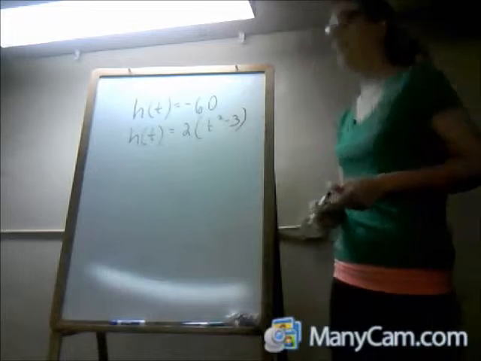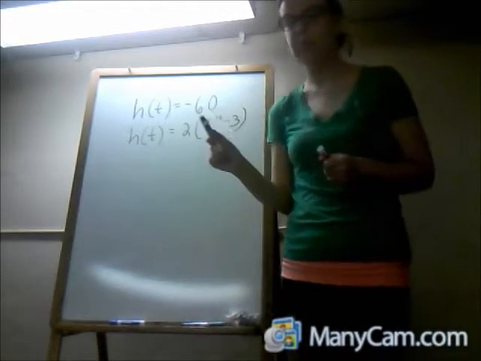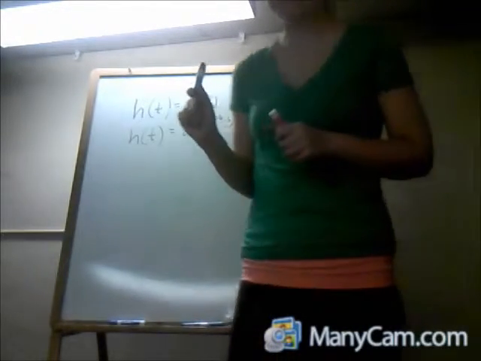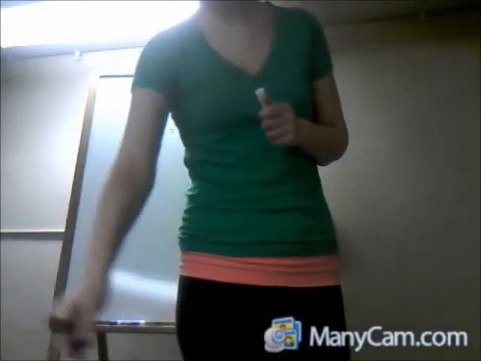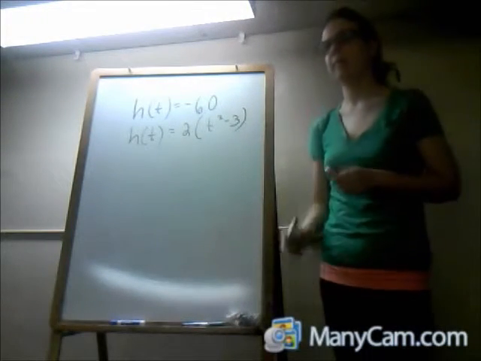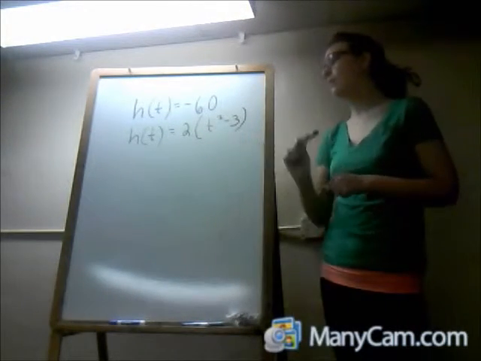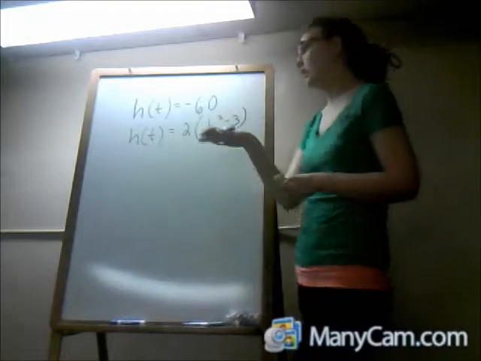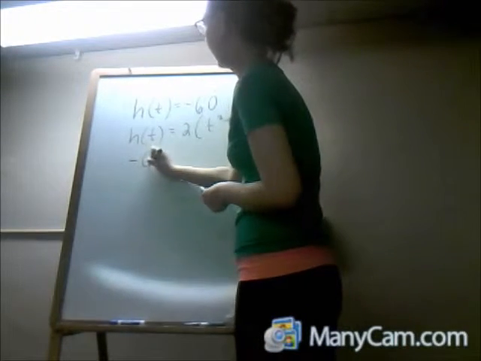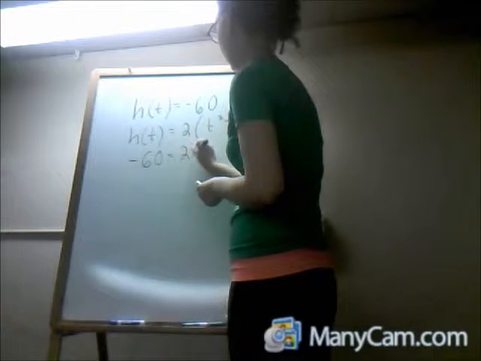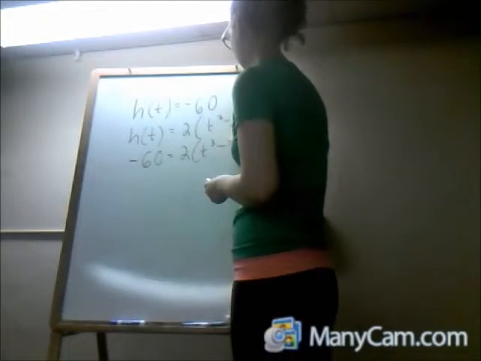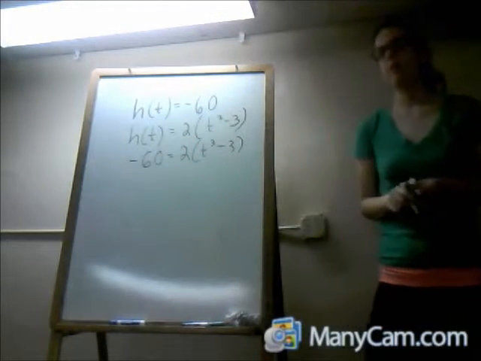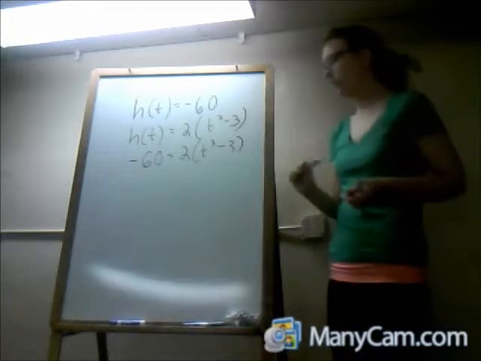So we essentially want to find t, and then be careful. We might be tempted once we find t to pick it, but they're actually asking what is the value of 2 minus 3t. So we have to be careful about that. All right, so h of t is negative 60, so I'm going to plug in negative 60 equals 2 times t cubed minus 3.